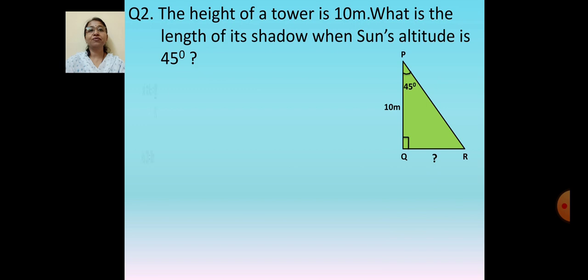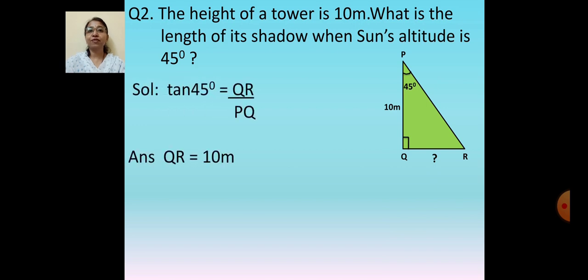Tan of 45 degree. So tan 45, apply the definition, substitute the values, you will get the length of the shadow is equal to 10 meters. What is the value of tan 45? Tan 45 is 1 and QR upon PQ is 10, cross multiply, QR is equal to 10 meters. Very simple. So this will come under a very short answer type question.